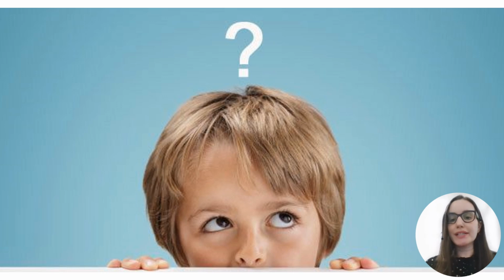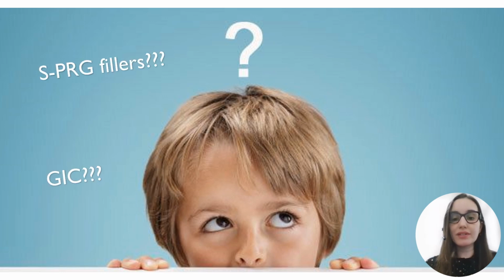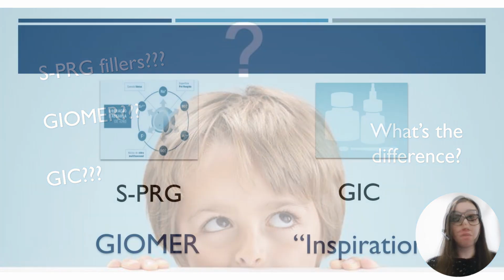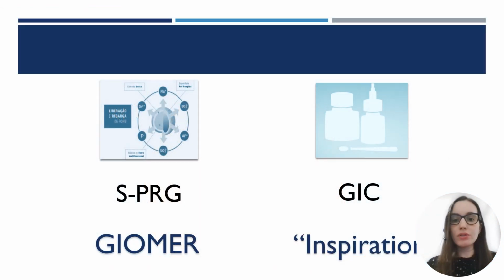Okay, now I have explained a little bit about SPRG technology, and you must be wondering: SPRG fillers, glass ionomer cement, giomer, what's the difference among those materials? So, all the products that contain SPRG fillers are called giomer. So, SPRG filler is not the final product.